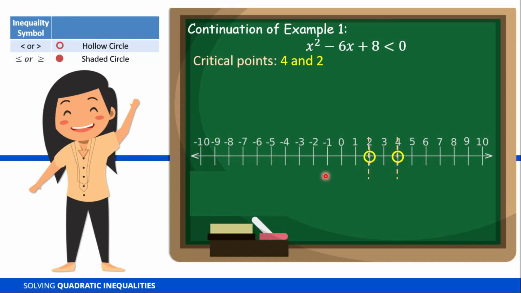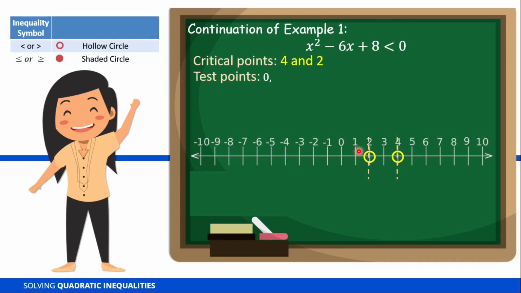So, those are the 3 regions na nabuo gamit yung ating critical points. Ang next natin gagawin is kumuha tayo ng tinatawag nating test points para malaman natin nasaan ba dyan sa tatlong region na yan yung solution set ng ating given quadratic inequality. So dito, kukuha lamang tayo ng isang point sa mga real numbers na mas mababa sa 2. Pwedeng kunin natin yung 1.5, pwedeng 1, pwedeng 0.5, pwedeng 0, okay, negative 1, and so on.